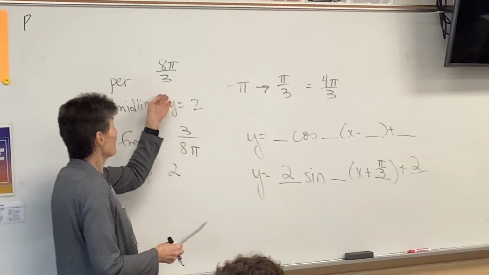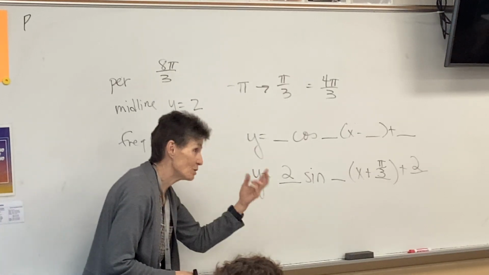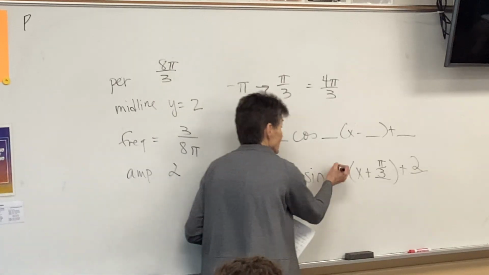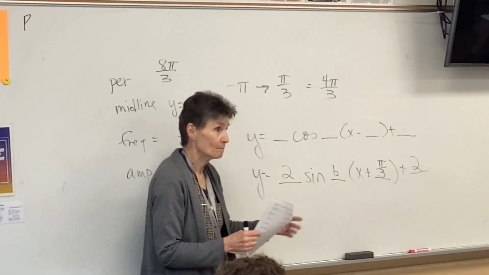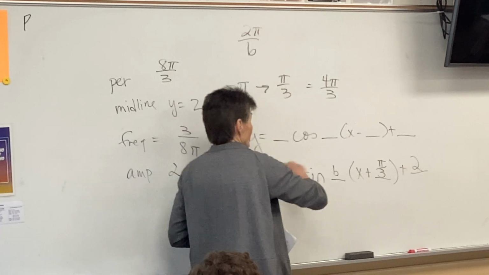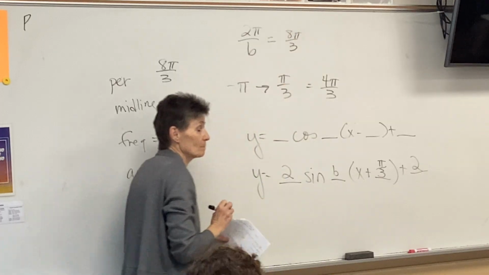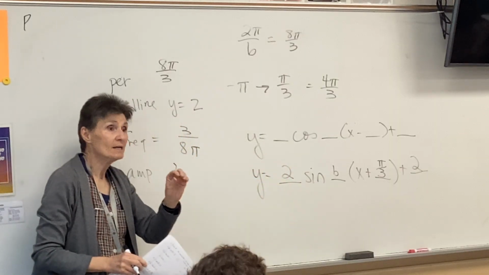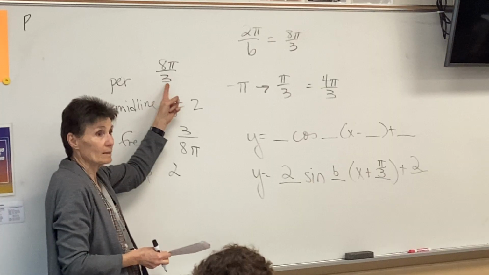You already figured out the period of the thing was 8 pi over 3. The period was supposed to be 2 pi, always for a sine and cosine. So obviously there's a number there that's changed the period. So 2 pi divided by that number gives me 8 pi over 3. 2 pi, the standard period of the sine and cosine, got divided by something so that the new period was 8 pi over 3.